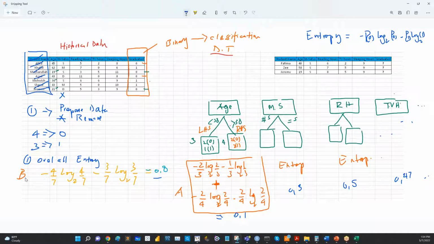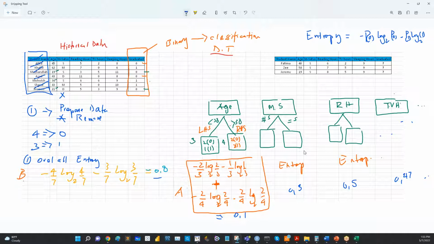So the decision tree calculates the entropy before any split. Then it's going to split on all features. If it's numerical, it's going to split on the mean. If it's categorical, it's going to split on the mode. And it's going to calculate the entropy after the split. So this is step 2.